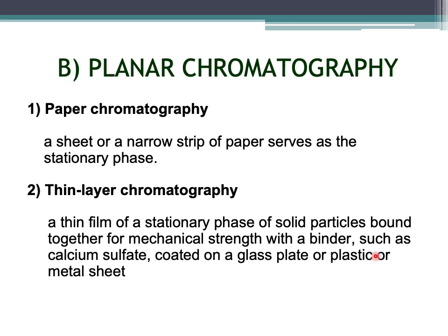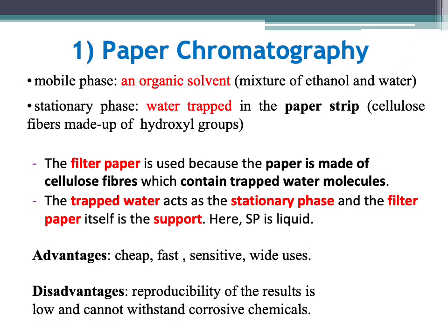So we have the glass plate or plastic or metal sheet, and there is a thin film of the stationary phase of solid particles. Kita coated pada glass plate, plastik atau metal sheet. Okay, kita ada stationary phase, kita coated pada permukaan glass plate, plastik ataupun metal sheet. Okay, now we go one by one.